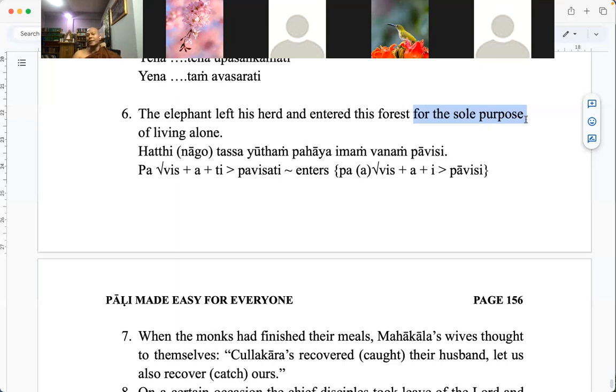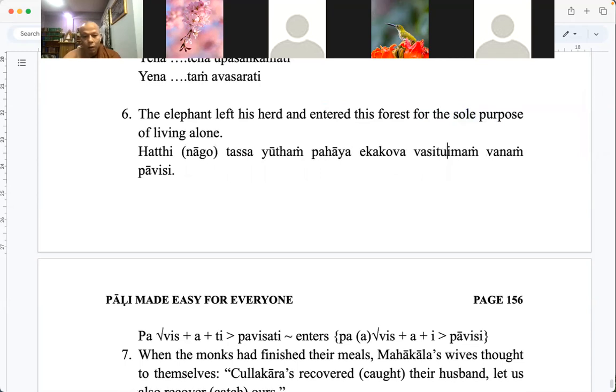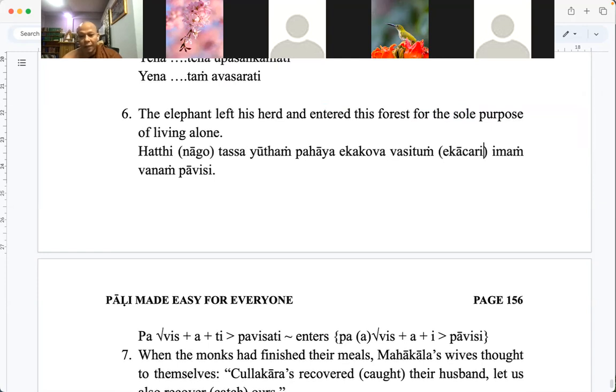Or maybe Ekajari and Jari Dong or something. Ikagowa, here sole. Wasito, or the other way, maybe. Ekajari yan.